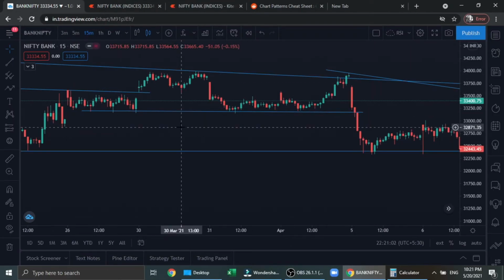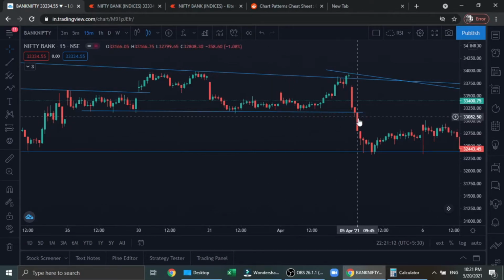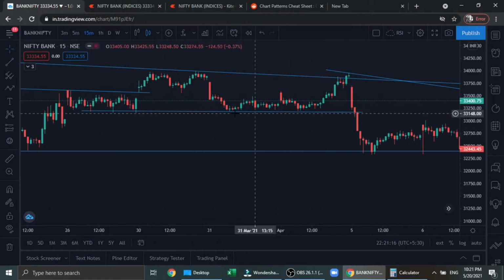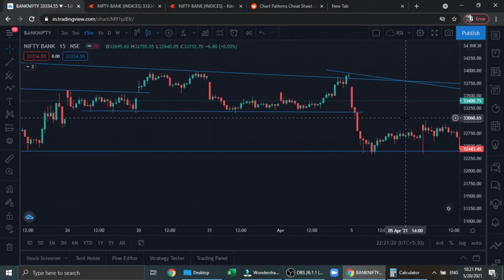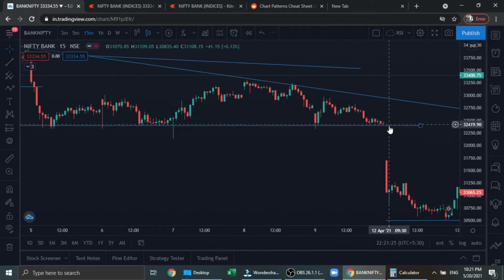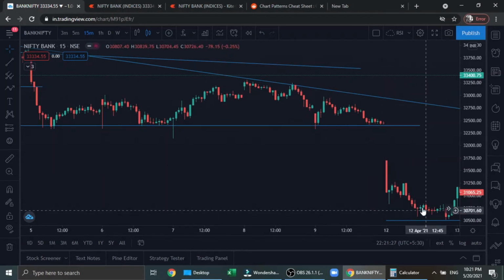First of all, why do we need to draw chart patterns? The purpose of chart patterns is to identify the aggressive momentum of the stock. After this breakout, you can see how aggressive it has moved. And after the breakout of this pattern, see how aggressive it has moved.